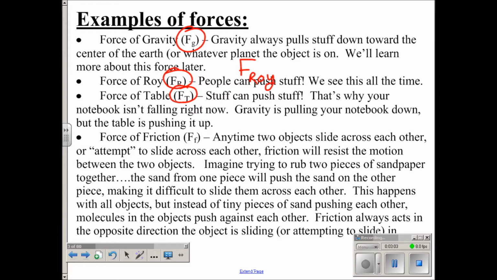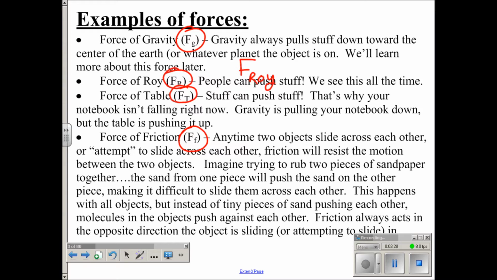And then finally, force of friction. I'm not going to say too much about this right now, except that you need to understand that friction is in fact a force that occurs anytime two objects either are sliding across each other or attempting to slide across each other. And it comes from the contact of the molecules of the two objects. Even the smoothest object, if you view it through a microscope, is going to be sort of bumpy.